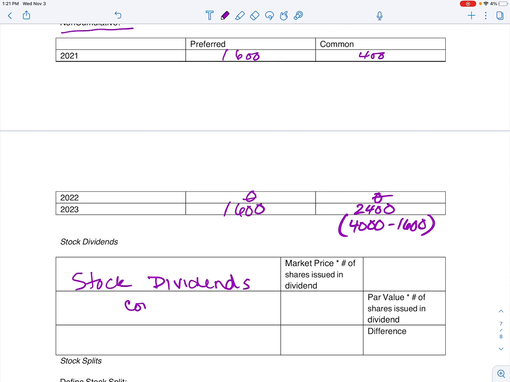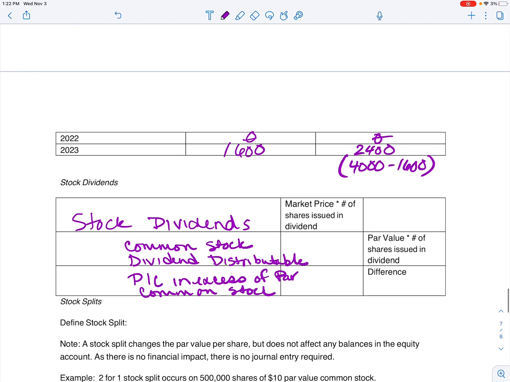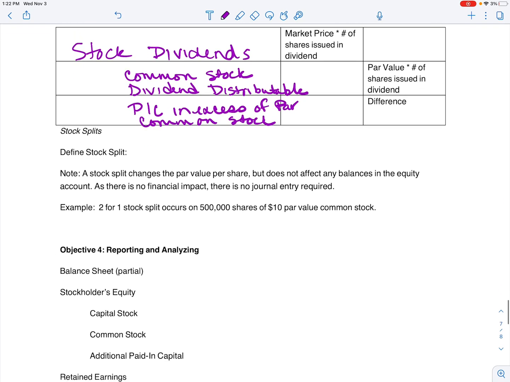We're going to record the common stock dividend distributable for the par value, and then the difference is going to go to paid in capital. So that's if it is a stock dividend instead of a cash dividend.